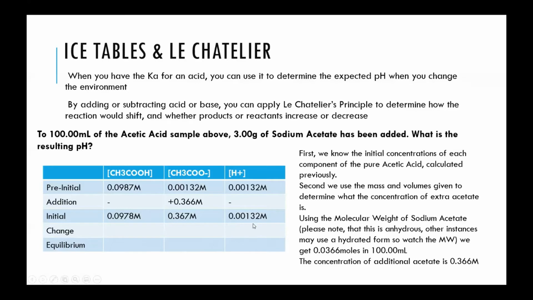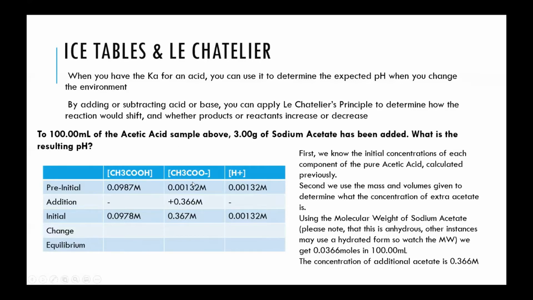And all of these ICE tables, these equilibrium reactions, are dependent on concentration, not the total amount, but what is the concentration of these different components. And that means there is this much extra acetic acid that was added. 0.366 molar acetic acid, or I'm sorry, acetate ion was added to this system.